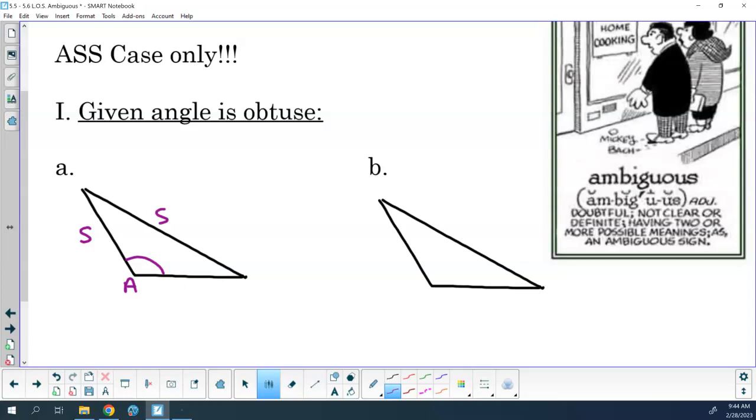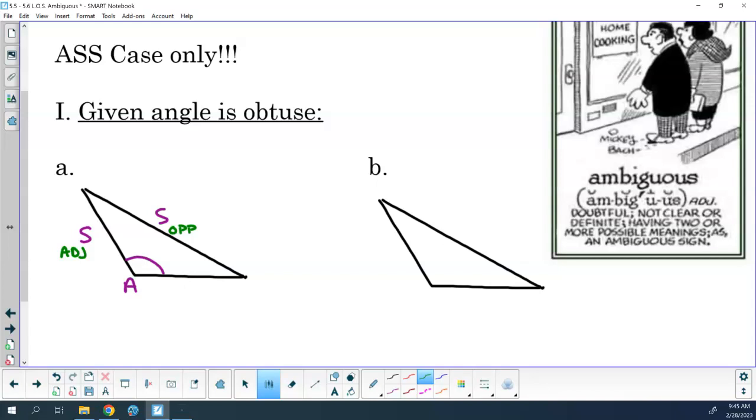So I'm going to call this side here the adjacent side. And I'm going to call this side here the opposite side. Stealing our right triangle trig SOHCAHTOA letter. Opposite, adjacent.